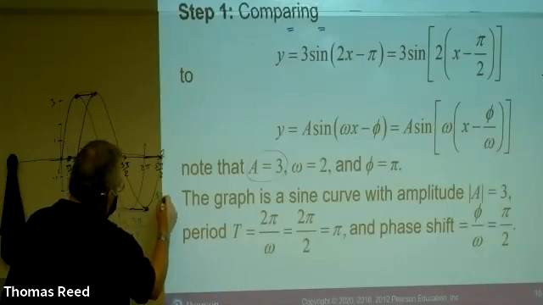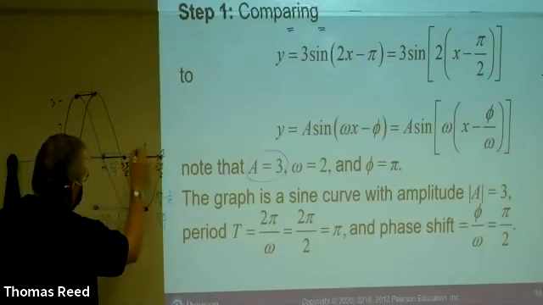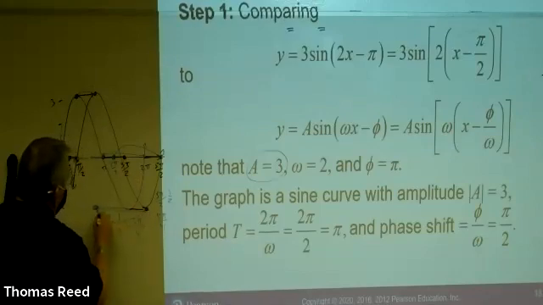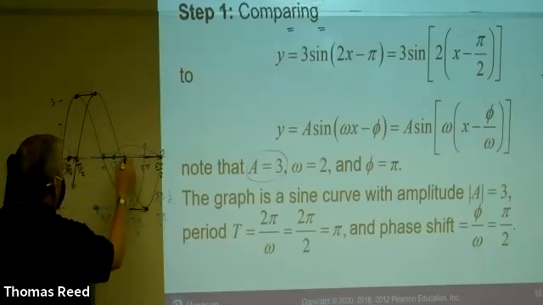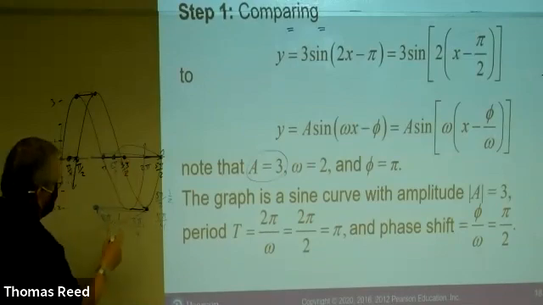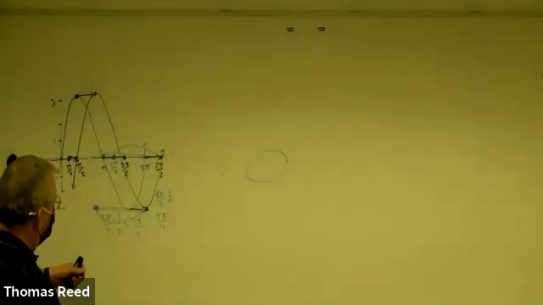And so this one gets moved back. So 5 pi over 2 times 1/2 is 5 pi over 4. So that's right here, 5 pi over 4. So this point got moved back to here. This point got moved back to here. This point, where did it move to? No, that wasn't the point I was moving. Oops, sorry.